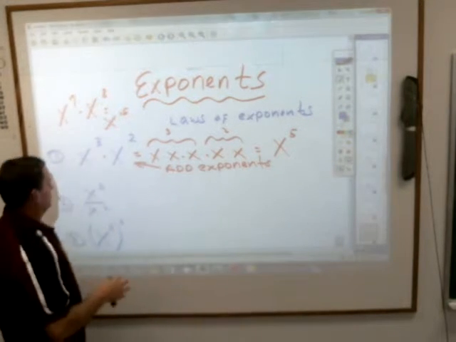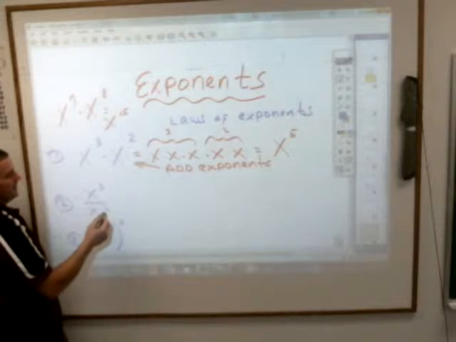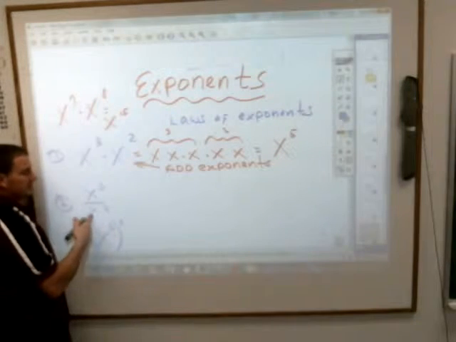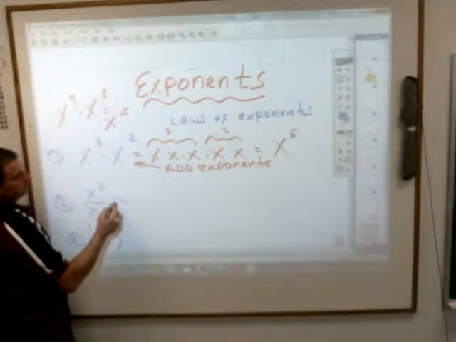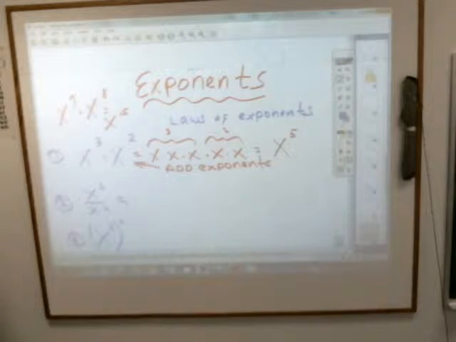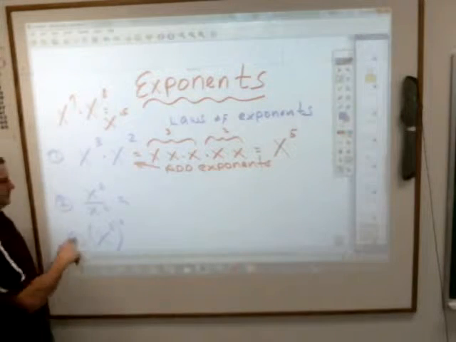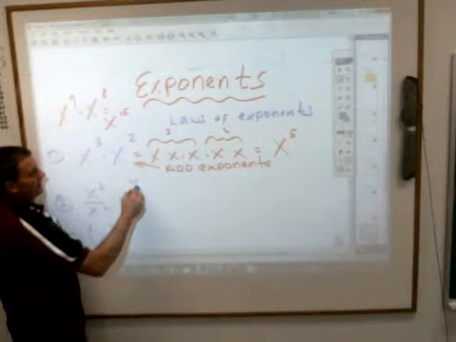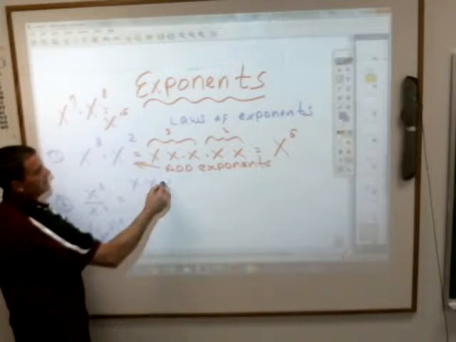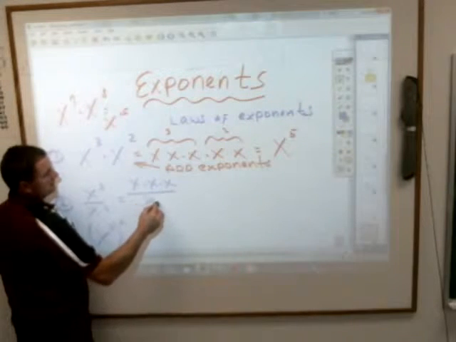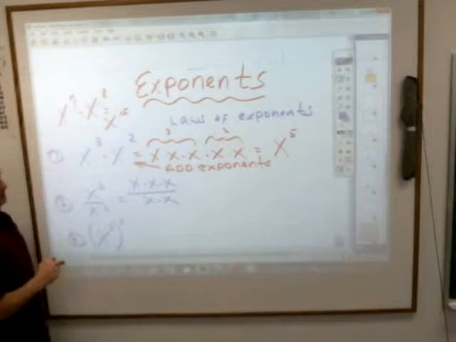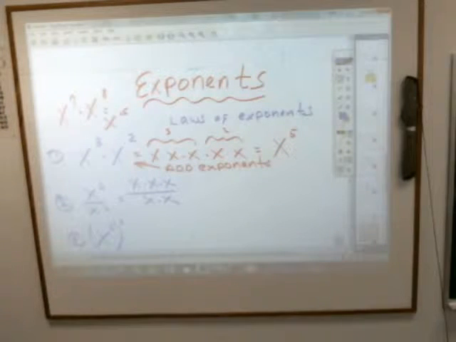Now, this one here, if I have x to the 3rd divided by x squared, again, if you think about this the same way we did over there, if I have x times x times x over x times x, what am I going to end up with? Anybody care to speculate?